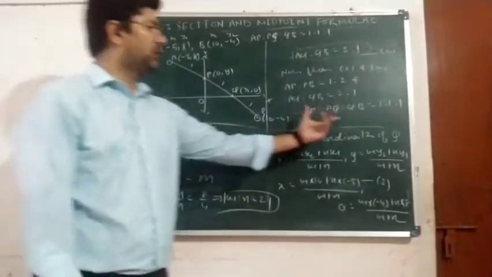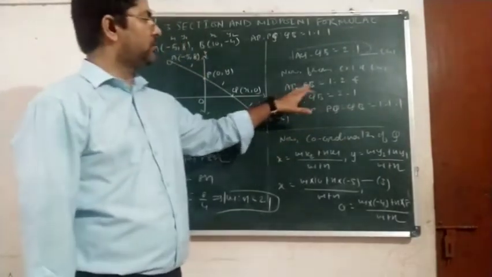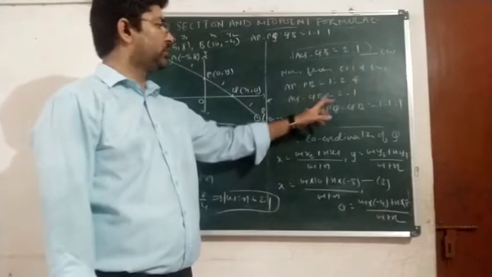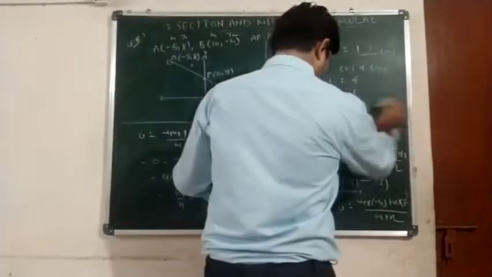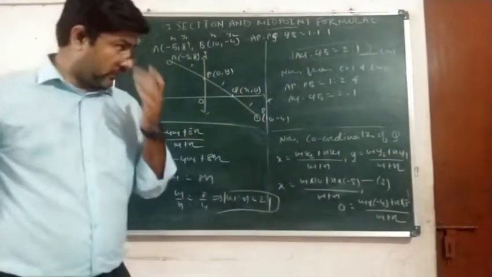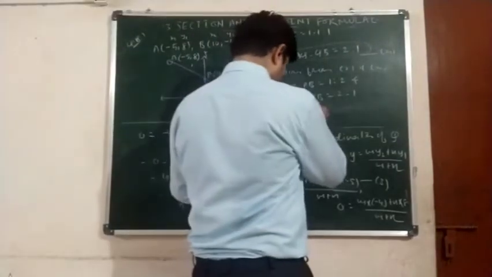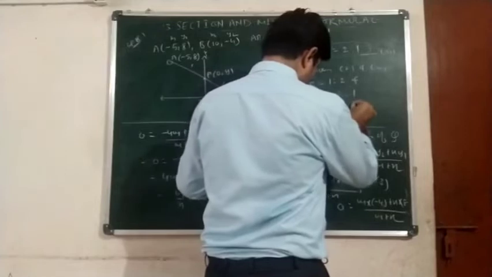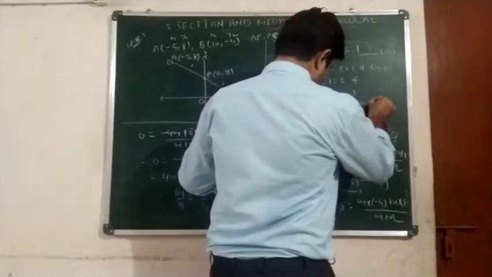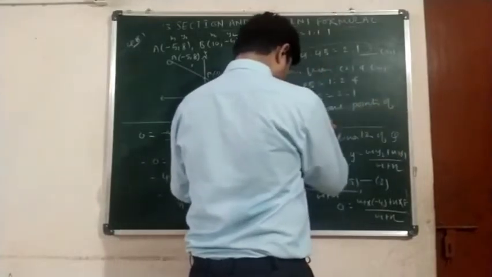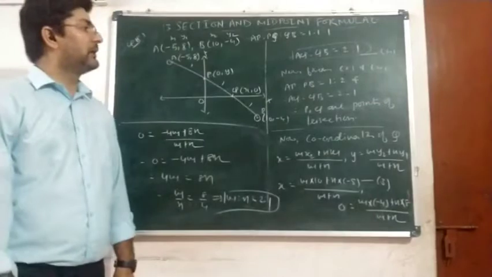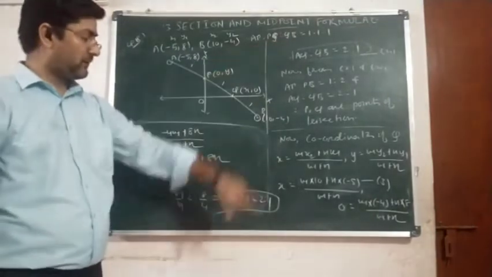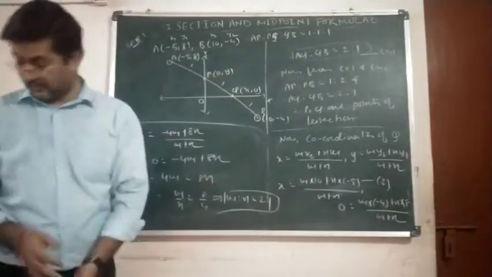Even if you don't write this, it will do. If AP is to PB 1:2 and AQ is to QB 2:1, it means that, okay, let us not write this statement, it will do. Okay, and therefore we will write down that P and Q are points of trisection. Clear?